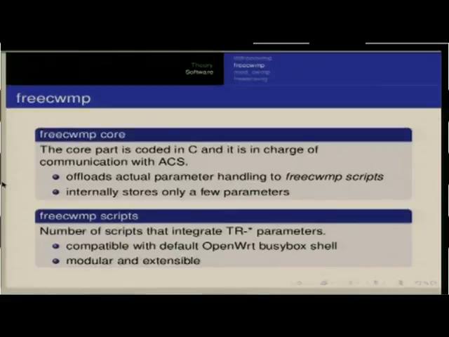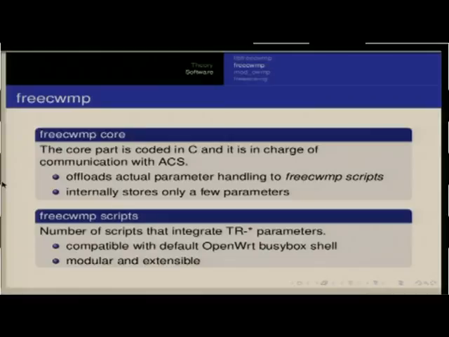Okay, so in freecwmp you have a number of scripts that integrate various tier protocols. Okay, let's call it that way. There is still work to be done in this area. Some of the work involves reworking scripts that I coded in the early beginnings, but now they are more evolved, so they could use some refactoring.